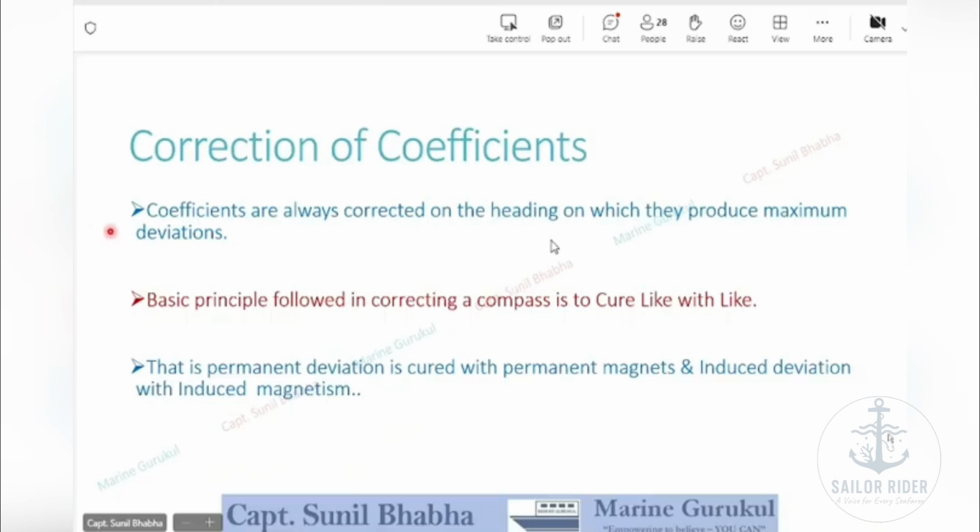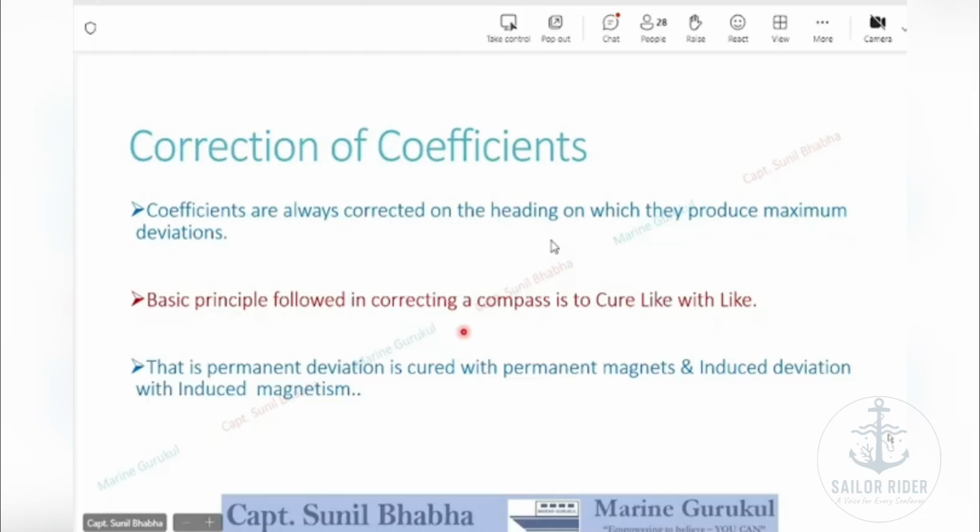Let us now see the correction of coefficient D. Coefficients are always corrected on the heading on which they produce maximum deviation. In this case, maximum deviation is generated on intercardinal headings, northeast, southeast, southwest and northwest. So for coefficient D, the correction can be made on any of the intercardinal headings.